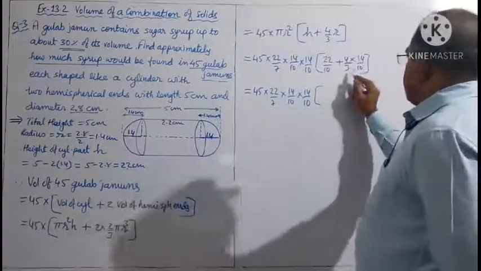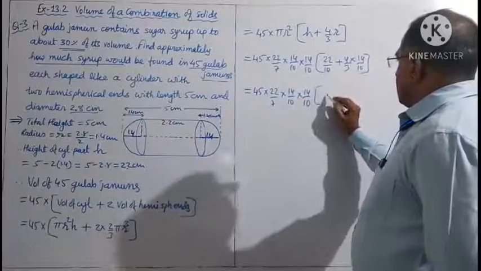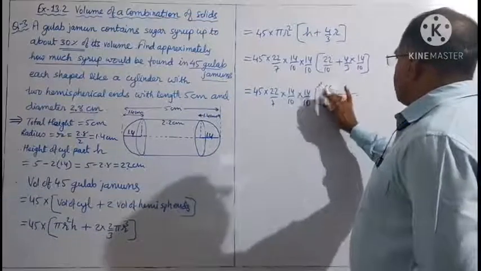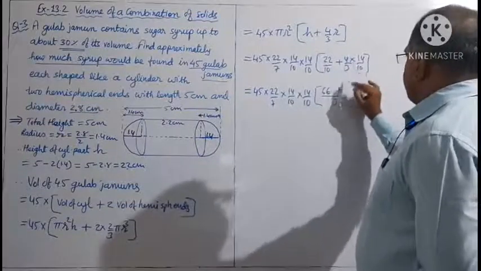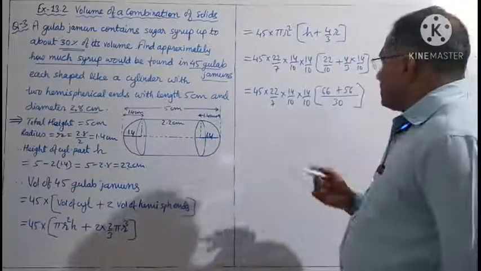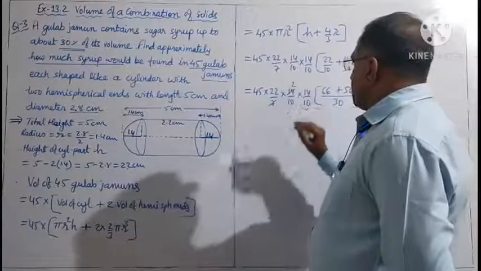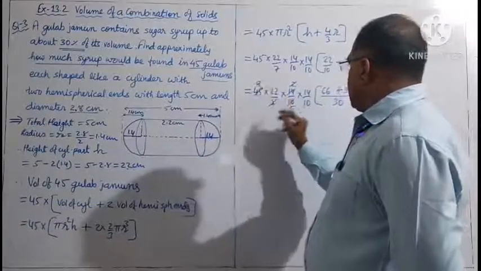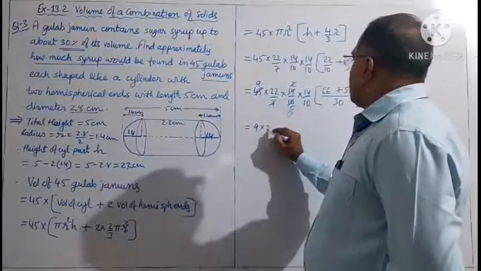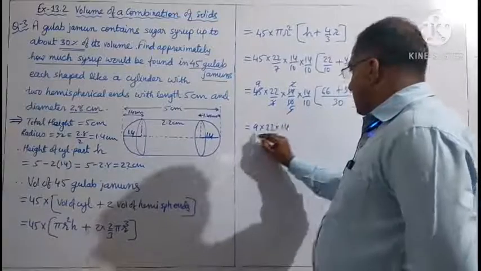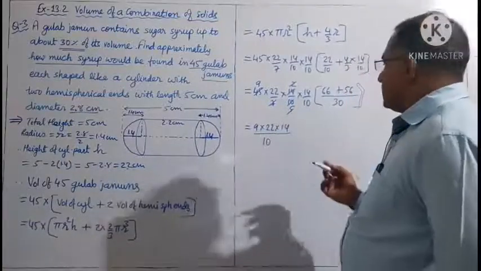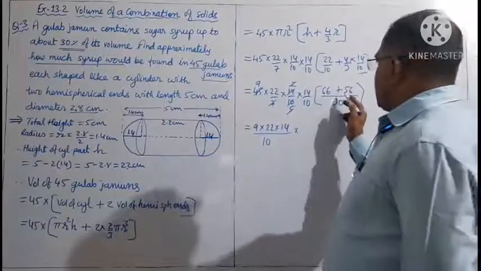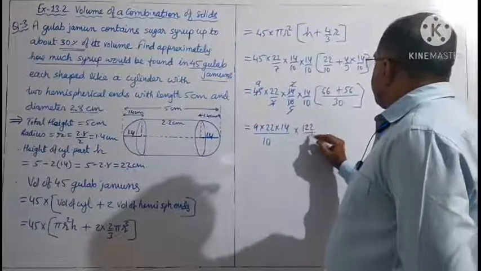Here you can see the LCM is 30, so the denominator is 30, and the numerator is 22 times 3 plus 14 times 4, which is 56. Now cut the common ones. Here 7 ones are 7, here 2 fives are 10, then 5 nines are 45. Now 9 multiplied by 22 multiplied by 14, we are not cutting the 2 because 5 we can't cut, let it be in decimal. Multiplied by 66 plus 56, that is 122, divided by 30.